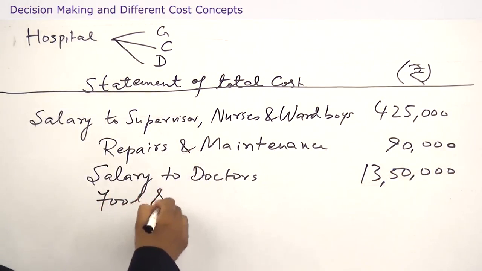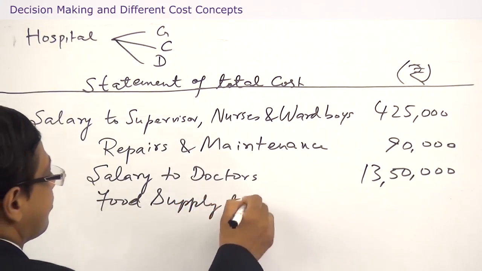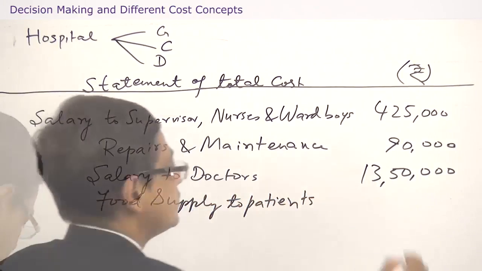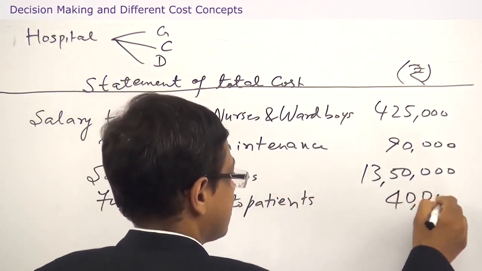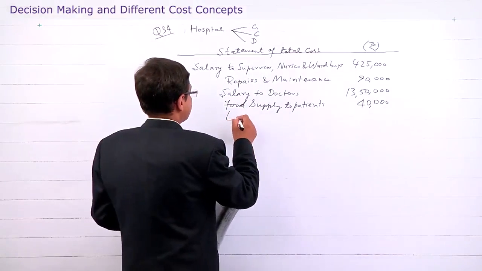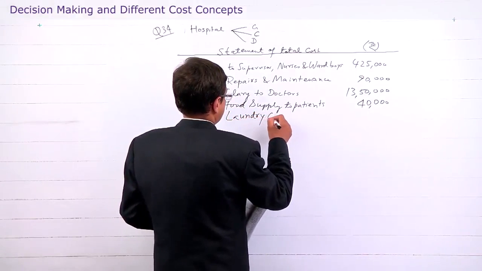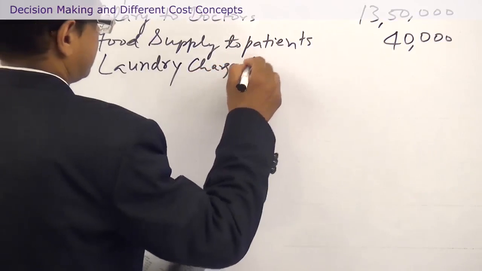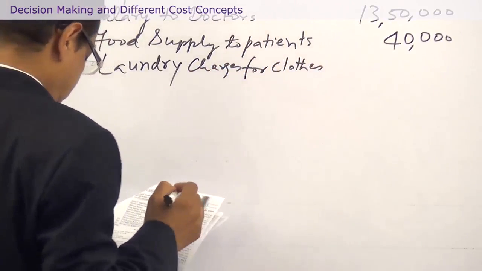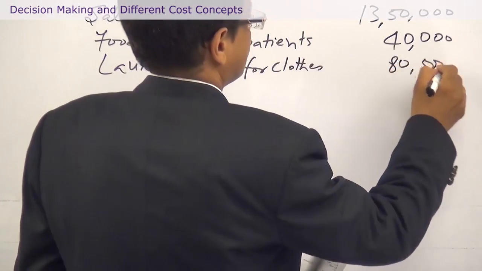Food supply to patients is rupees 40,000. Laundry charges for the clothes are provided at 80,500.